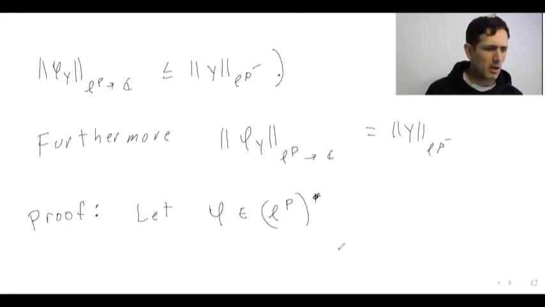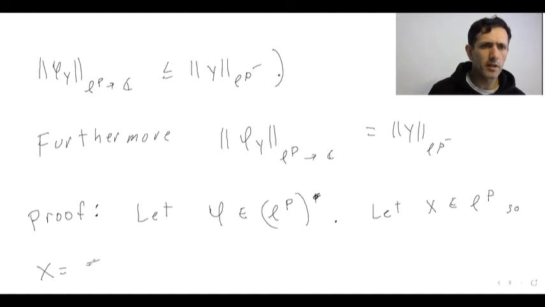Okay, so let's say x is in little lp. So you can write x basically almost like an orthonormal expansion where the e_n are your standard orthonormal basis for little l2. The same thing works for any sequence, really.